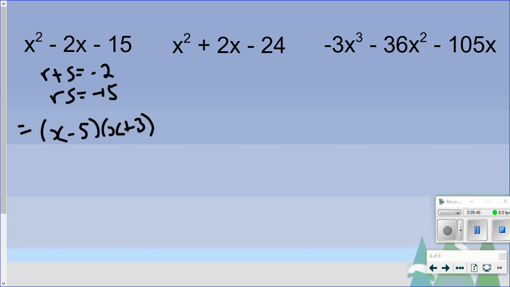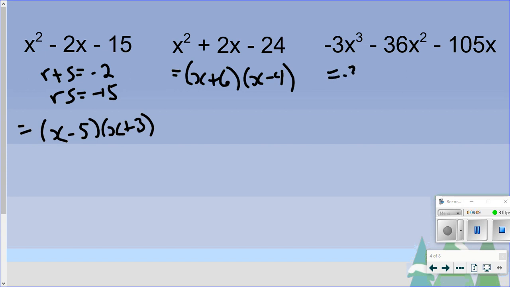Now, you don't need to have that r plus s and rs every time. If you can do it without it, go for it. Again, anytime you have a number with the x, in this case x cubed, have a look to see if there's a greatest common factor.